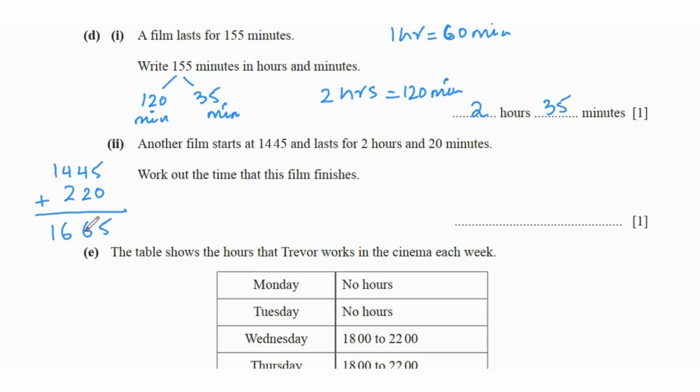So that means we'll take this hour from 65 minutes and put it into the hour section. So that's going to be 17:05. That is the time at which your movie finishes. Once again, whenever you see your minutes greater than 60, you will take an hour out of it and put it in the hour section. So that means 16 will become 17 and 65 becomes 5.